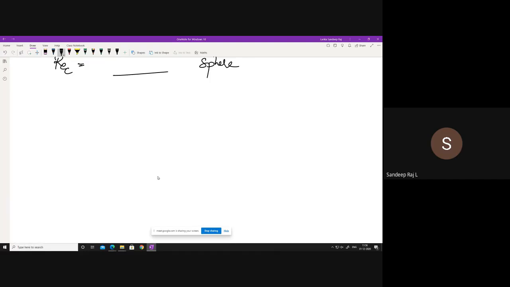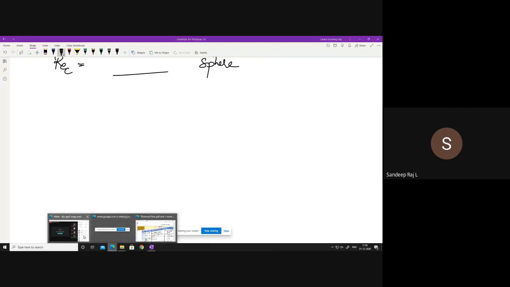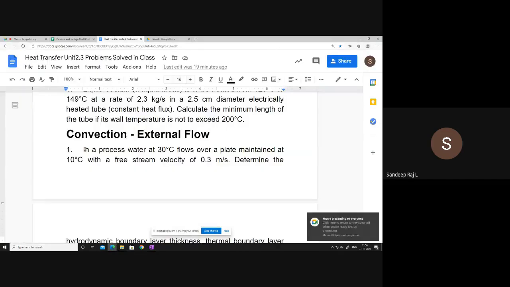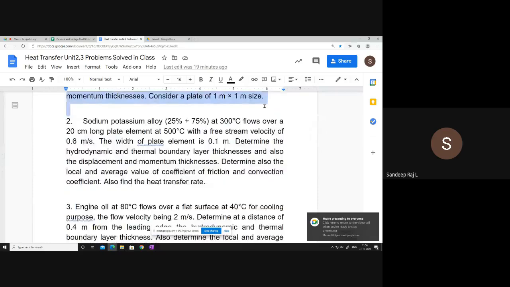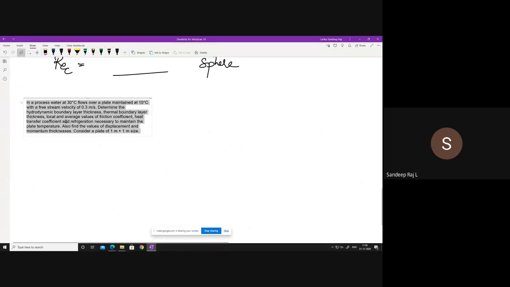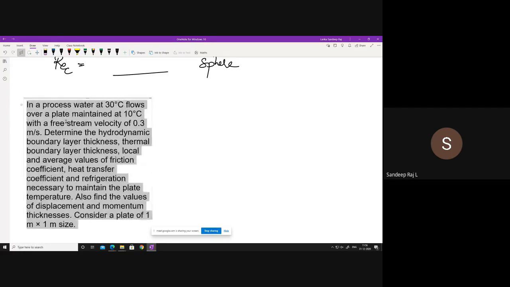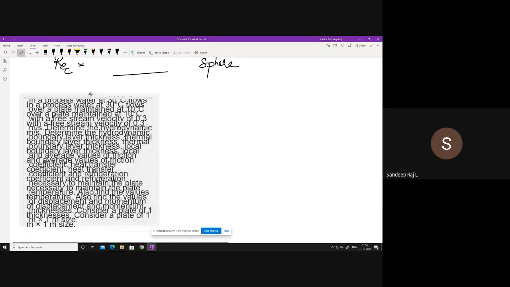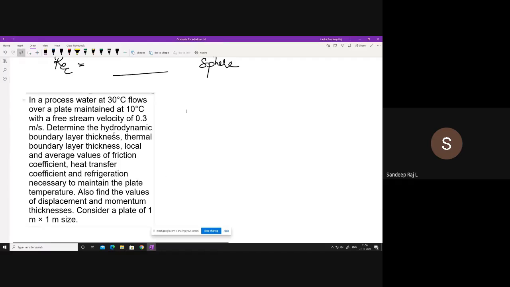Let's move on. Once you have these things in your hand, you can go and solve the problem directly. Let me go to the problem. Anything that is remaining, I'll be explaining it using the problem itself, so follow carefully. Here there is a process that is happening and water is there in this.